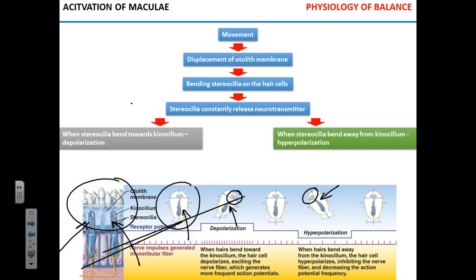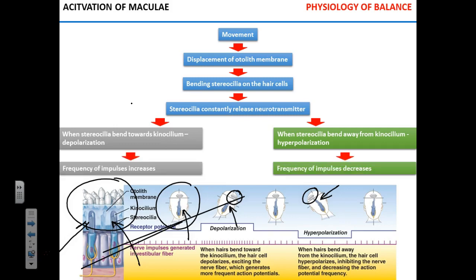Does it make sense? So if this is kinocilium, this is stereocilia. If they bend towards kinocilium, the cell depolarizes. If they bend away from kinocilium, the cell hyperpolarizes by either opening more potassium channels or closing potassium channels.